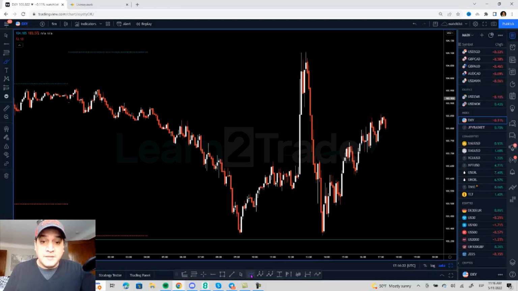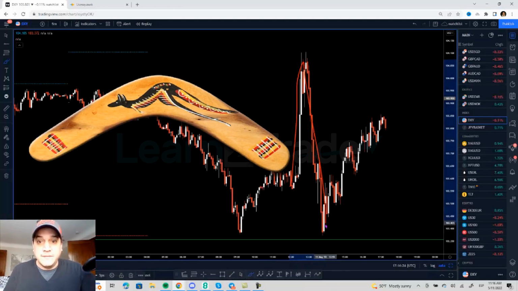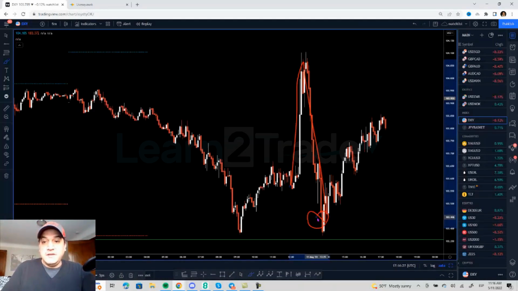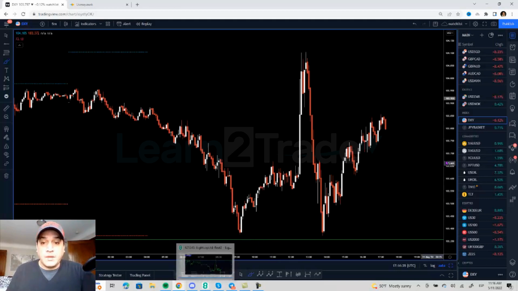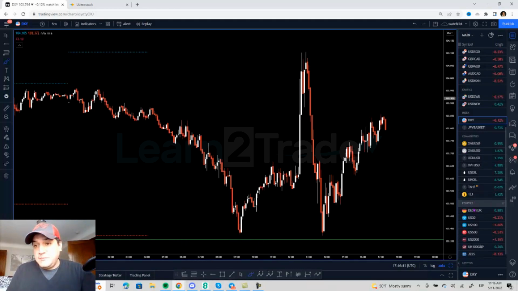That might have been the trigger for a boomerang move to the daily lows. Now, overall, the sentiment is still very much bullish on the US dollar, right? And bearish on US equities. That's why we currently have a short position on the Dow with the VIP team.